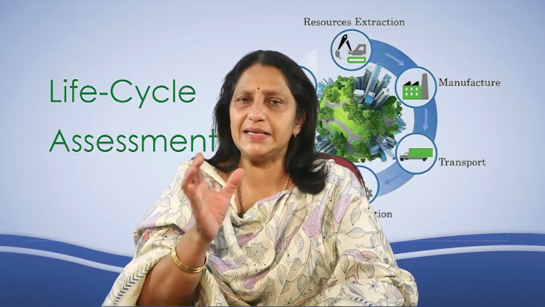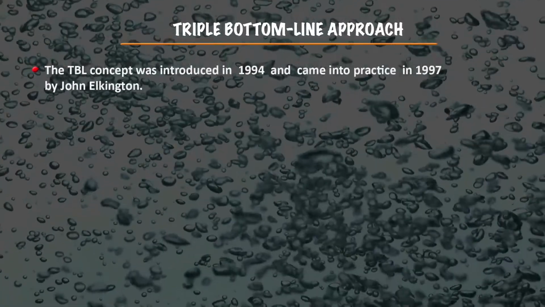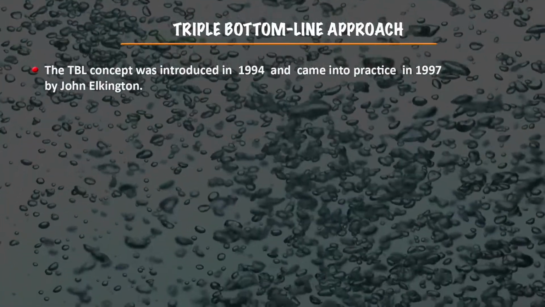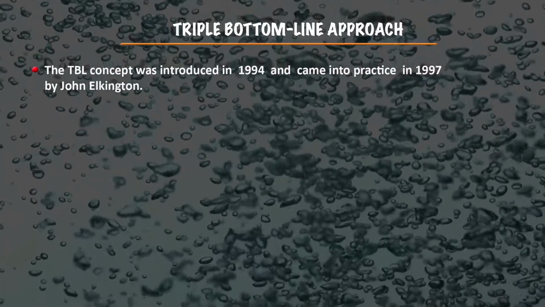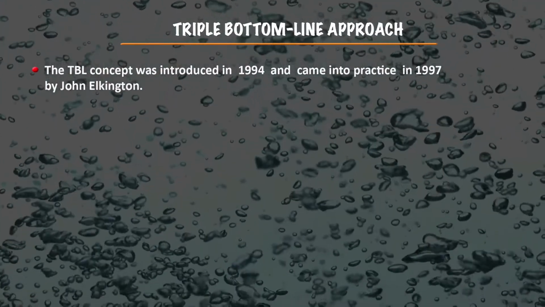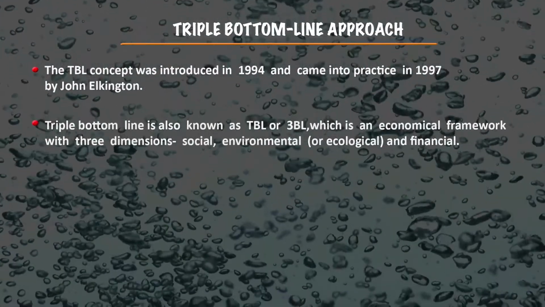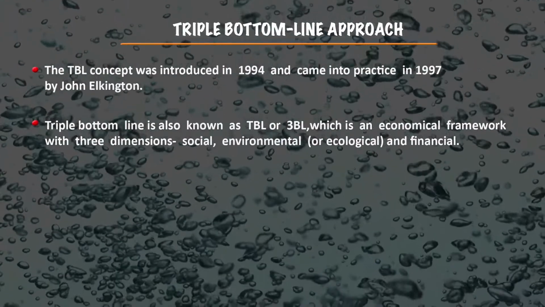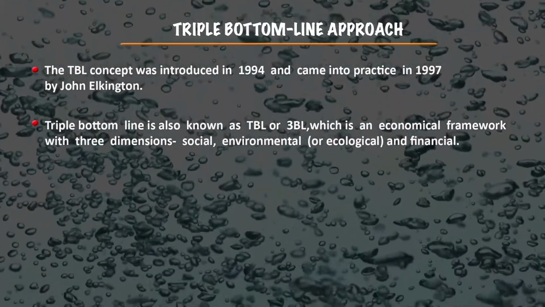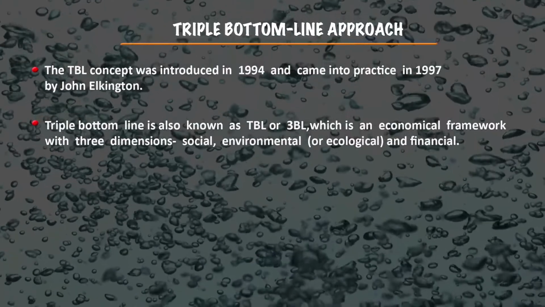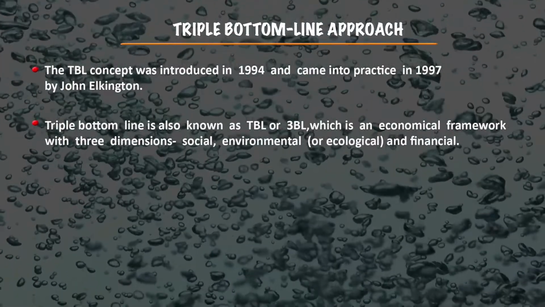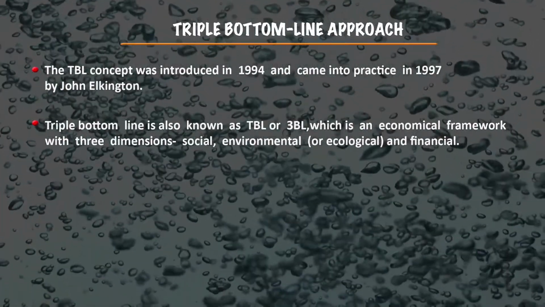One of the important factors of this LCA is the triple bottom line approach. This concept was introduced in 1994 and came into practice in 1997. It is also known as the TBL approach or 3BL approach. That means it is an economic framework with 3 dimensions: social, environmental or ecological, and financial.